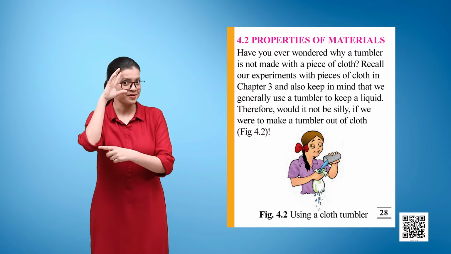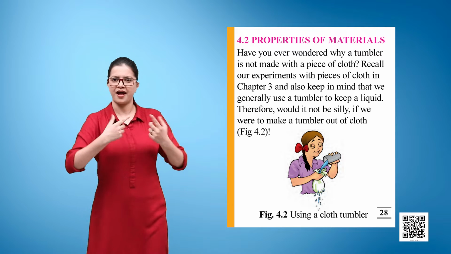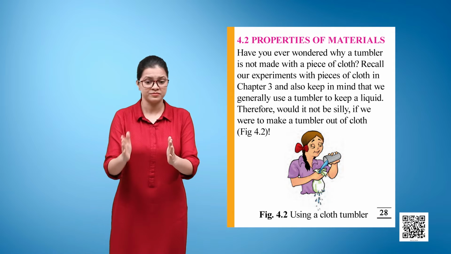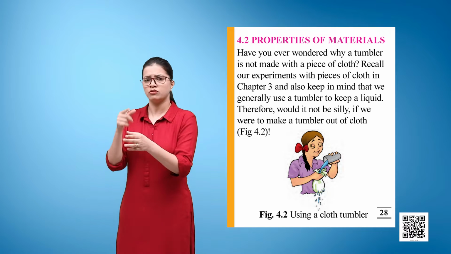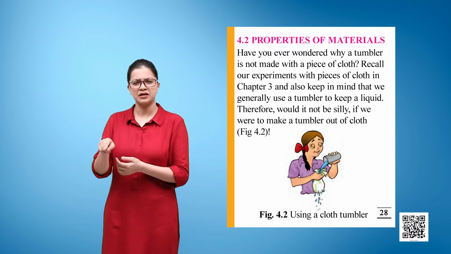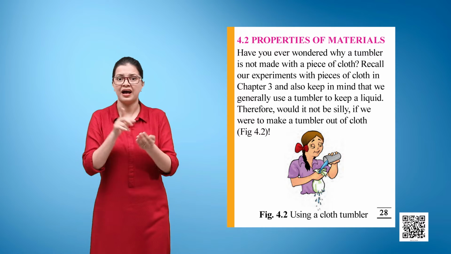Recall our experiments with pieces of cloth in Chapter 3 and also keep in mind that we generally use a tumbler to keep a liquid. Therefore, would it not be silly if we were to make a tumbler out of cloth?